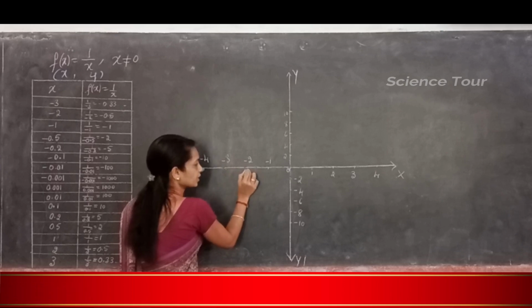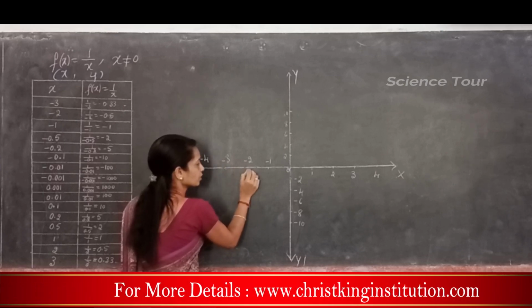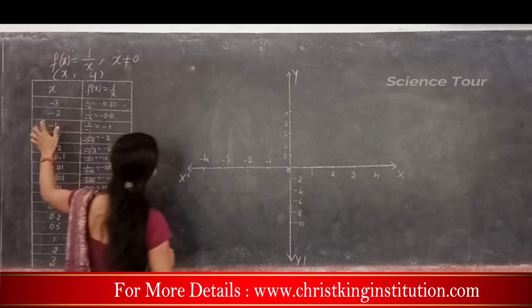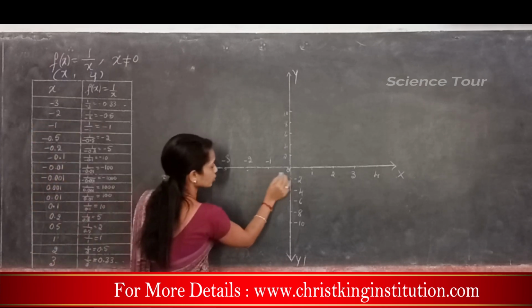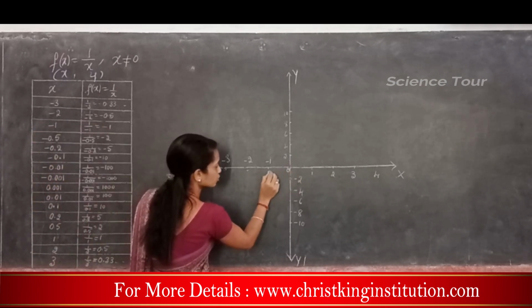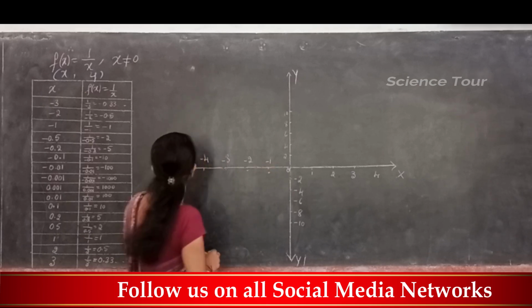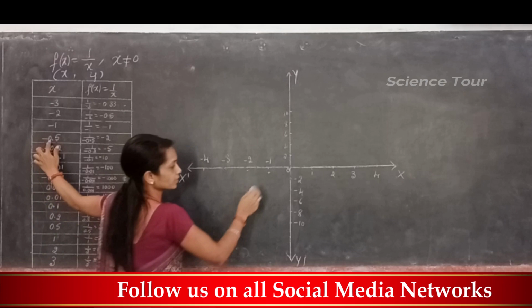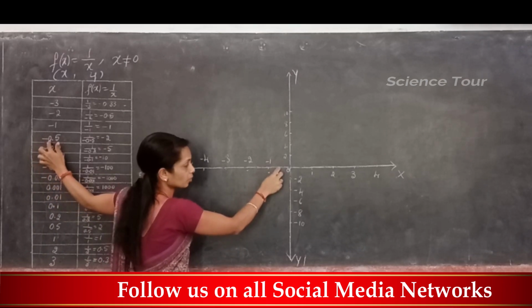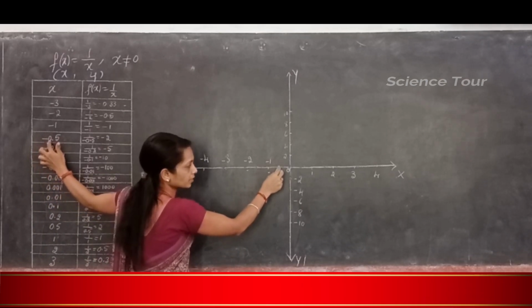This is a little down from this. Somewhere here. Then the image of minus 1 is minus 1, exactly in between 0 and minus 2 you have minus 1. Next, image of minus 0.5, where is minus 0.5? That is here.